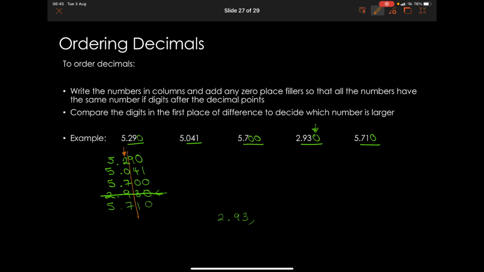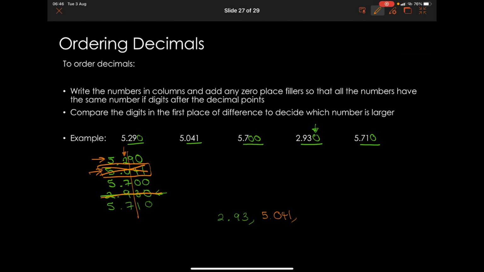So 5.2 is like saying £5.20 and 5.0 is just like saying £5. So this one is going to be my next smallest, 5.041. Let's cross that one out, we've used it.